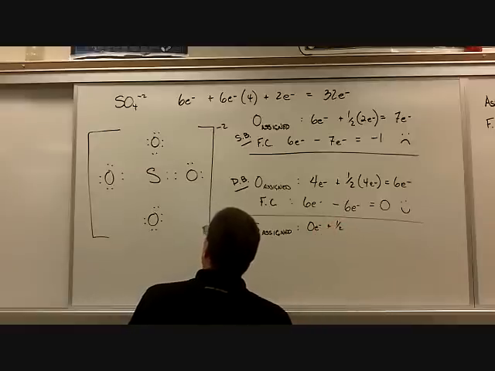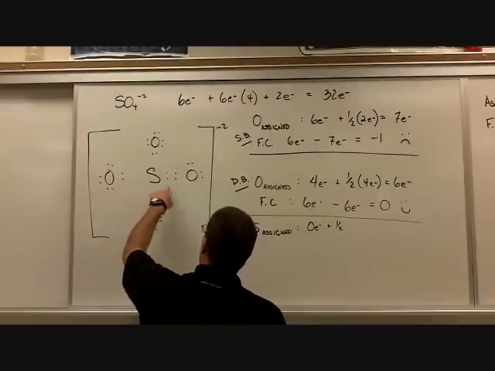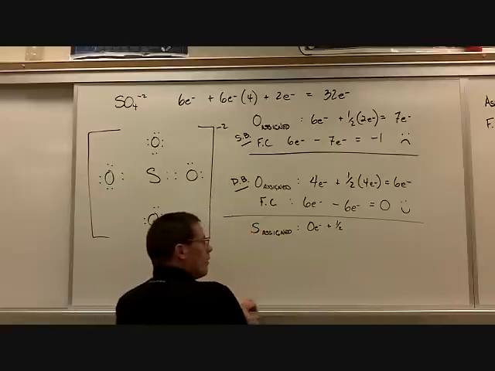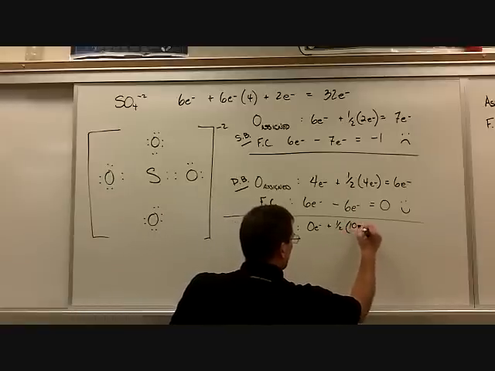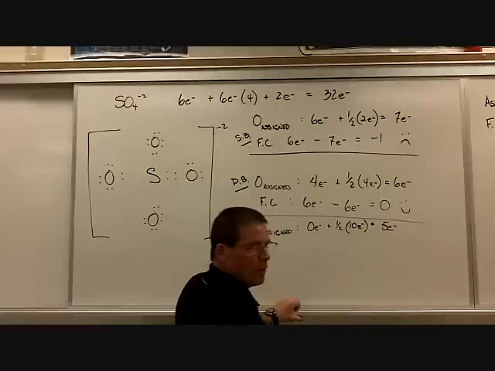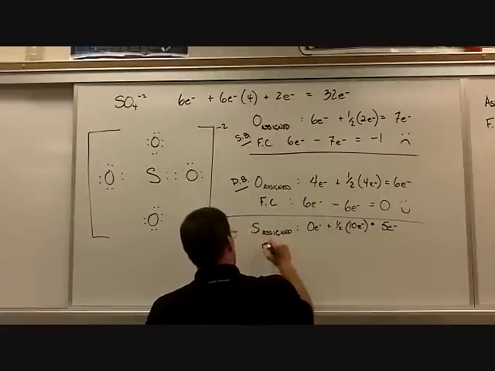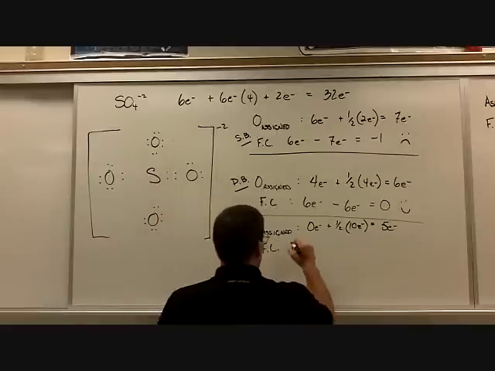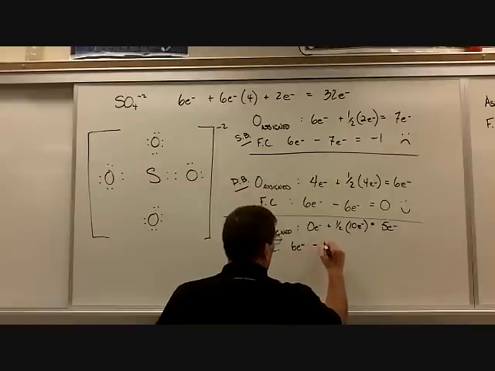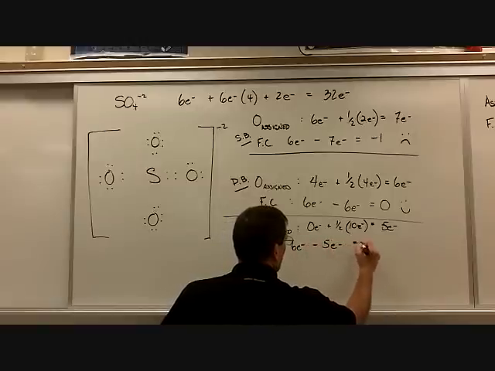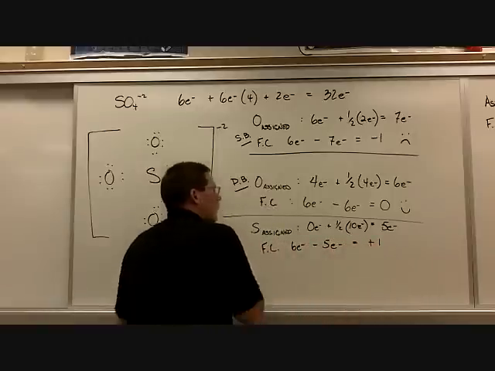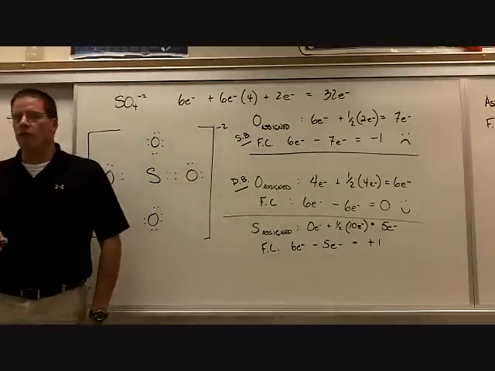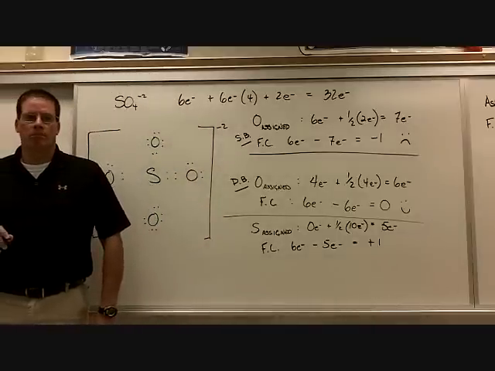How many are shared right now? 5, 8, 10, right? 10, so the assigned value is 5. All right, the formal charge. How many valence electrons does sulfur bring? 6. So minus 5. Uh-oh. Gives me a plus 1. Is sulfur happy? No.